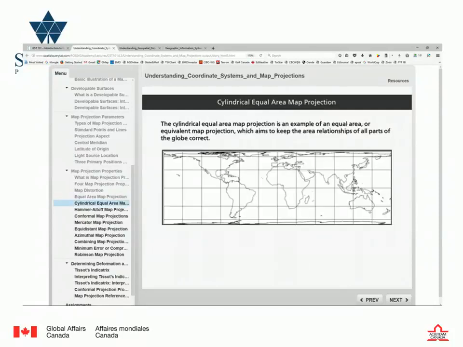Cylindrical equal area map projection. So it keeps the area correct, but then it compresses. You can see that because it stretches in the north, it's wider. So to keep the area correct, the latitudes have to compress. Say North Canada, the same area. As you go north, Canada gets wider. And in order to keep the same area, the latitudes have to be compressed.